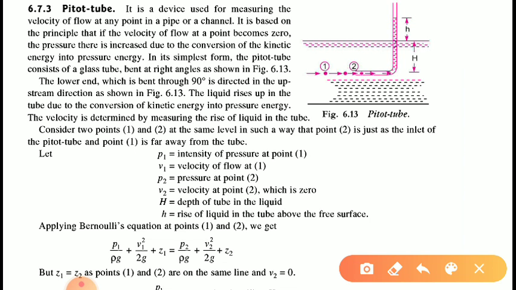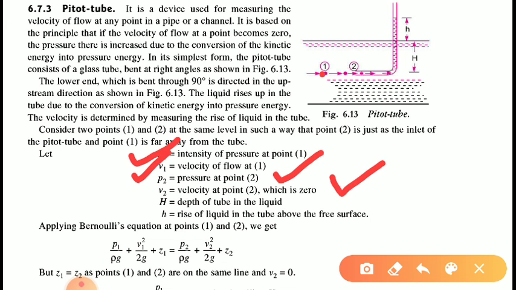For this we have considered 2 points in this diagram. The point 1 is in the upstream direction far away from this pitot tube, and point 2 is at the entry of the pitot tube. So at point 1 the pressure intensity, suppose, is P1 and velocity is V1. Then at point 2 pressure intensity is P2 and velocity is V2.